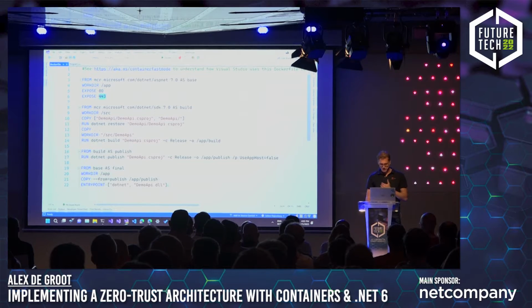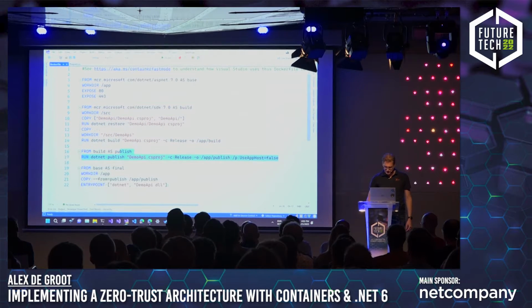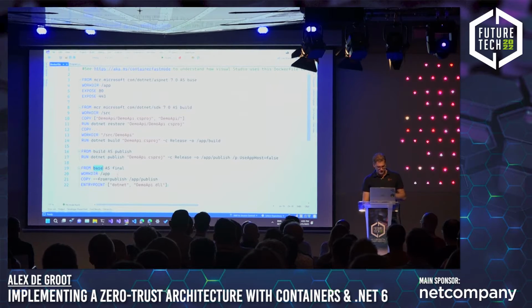That's actually quite good. And then they download another container. They do some builds with it. Then they take the same container again, and they do a publish with it. And finally, they take this base container and publish the output from the publish into this final container, and then they start things up.